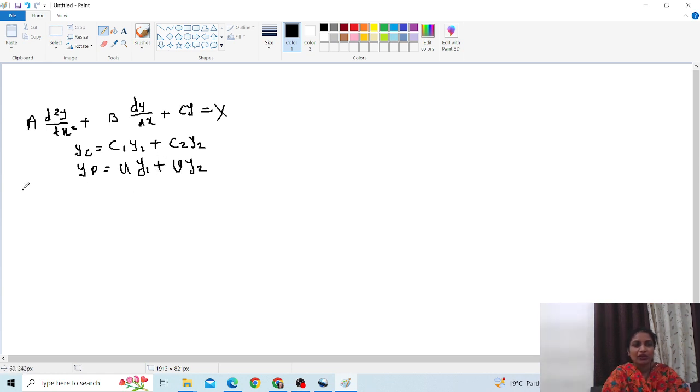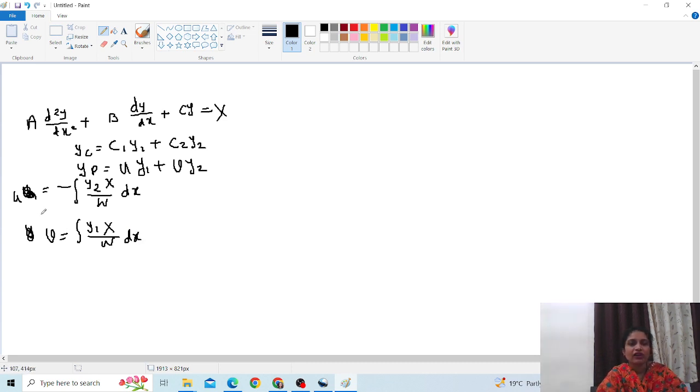So here the formula for u is that it is minus integration of y2 capital X, means right hand side function, upon w dx, and to find v you have integration of y1 capital X upon w dx.